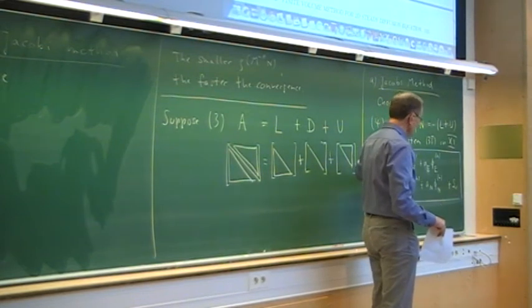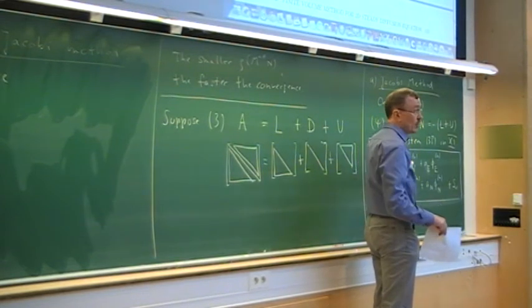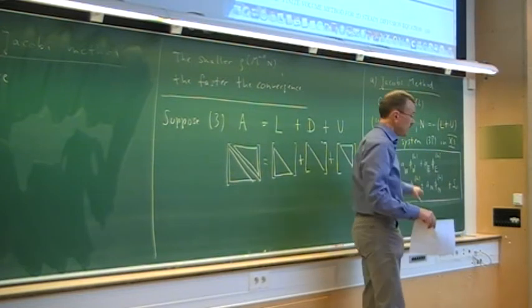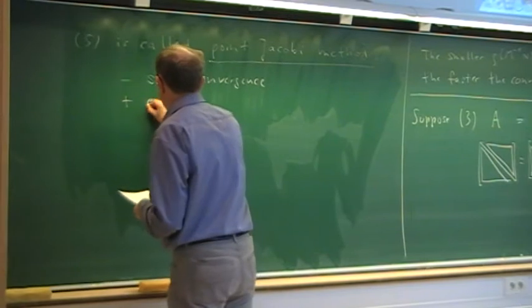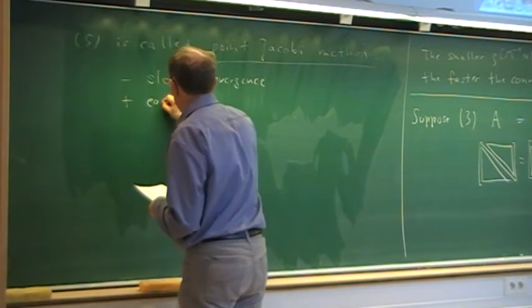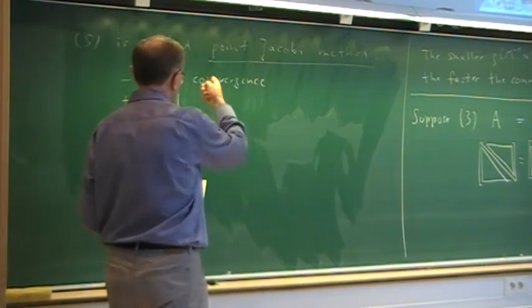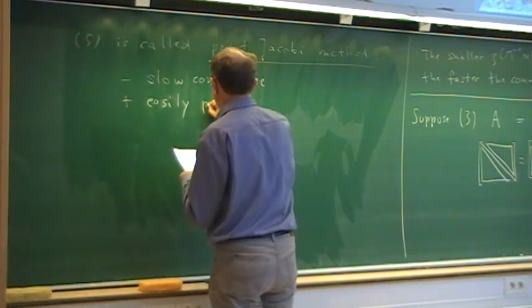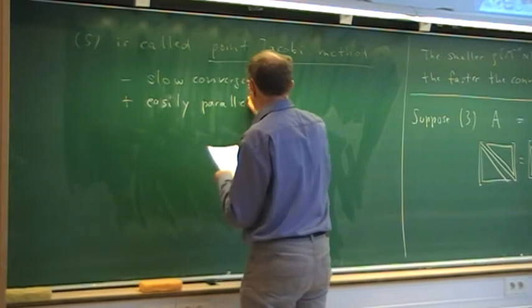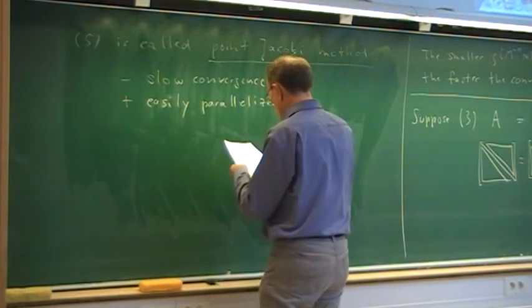They all compute the new iterate, and it's independent of each other. So it's very, very easy to parallelize that. But it doesn't help too much, because it's really a poor convergence. But it is, anyway, an advantage. Easily parallelized.